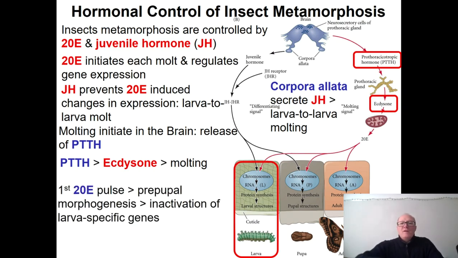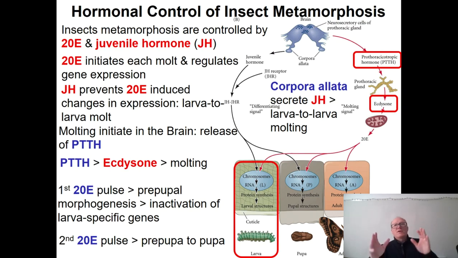However, if juvenile hormone is not produced, then 20-hydroxyecdysone, or ecdysone, initially induces prepupal morphogenesis, and in doing that it stops the expression of larva-specific genes. Then secondly, a second pulse of ecdysone will completely shut down the larval genes, but also activate the pupal and prepupal genes.